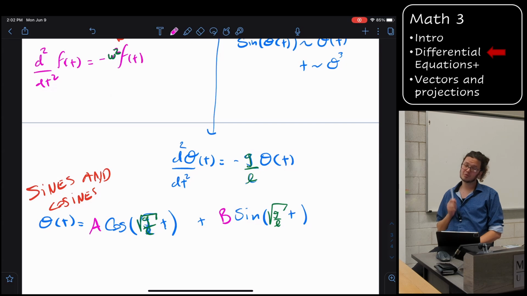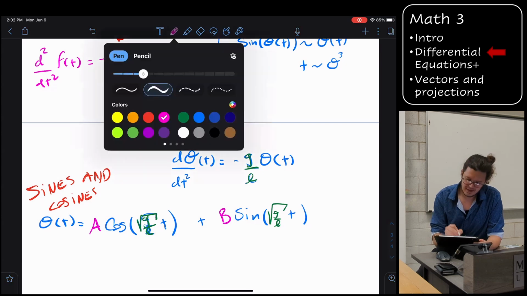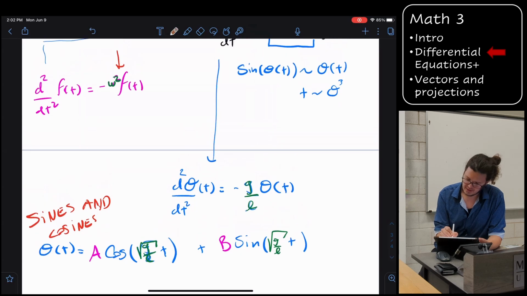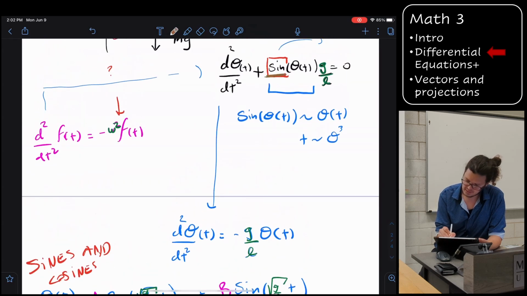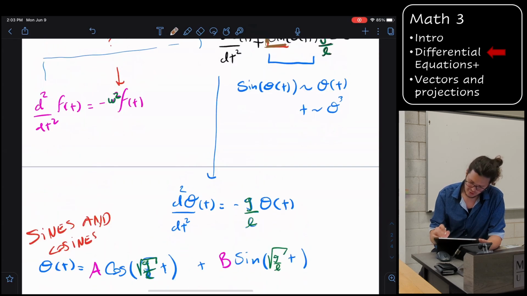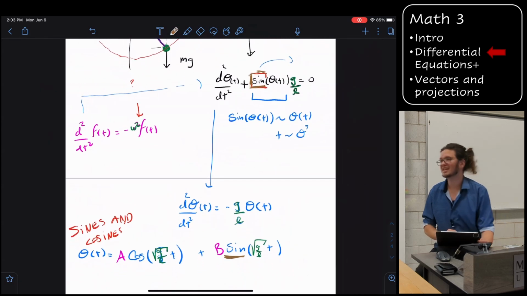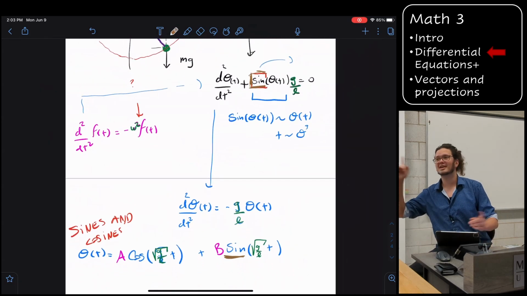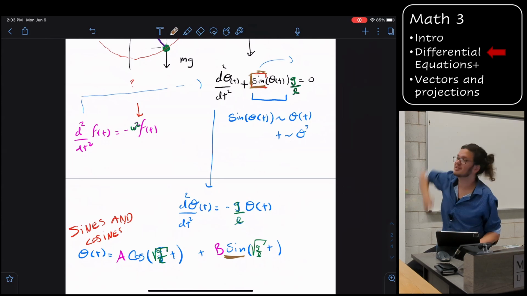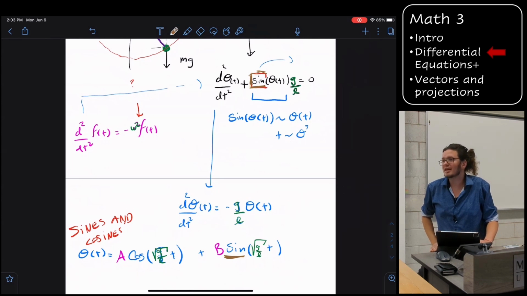One of the things that confused me a lot when I was in undergrad is the unfortunate situation that this is a sine and the solution involves sines. And that is just coincidence. Don't confuse one sine with the other. The first sine is there because of the rules of the differential equation.